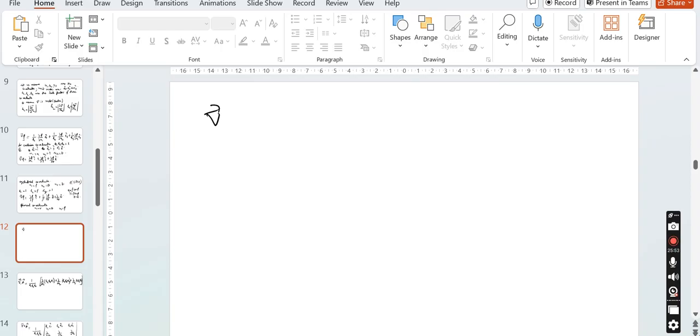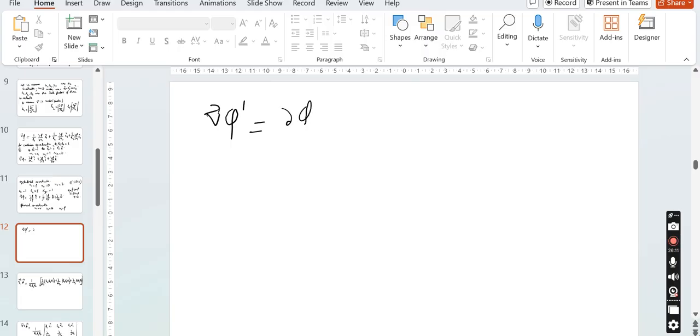Let us assume that the scalar field is not phi, it is another thing, otherwise we will get confused. So basically we can call it phi dash.